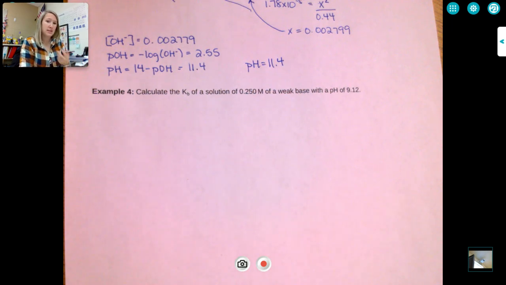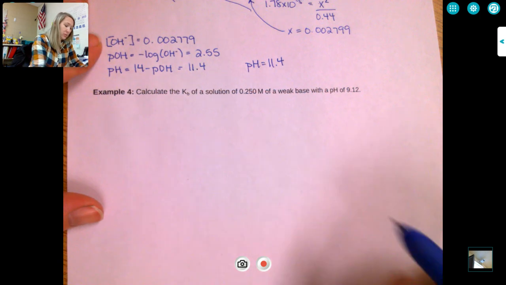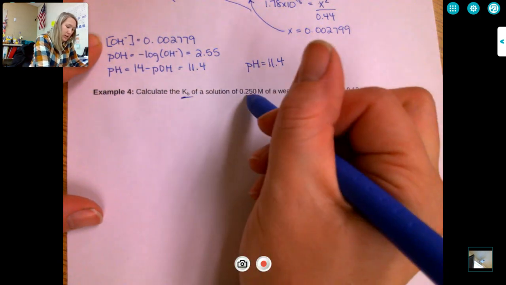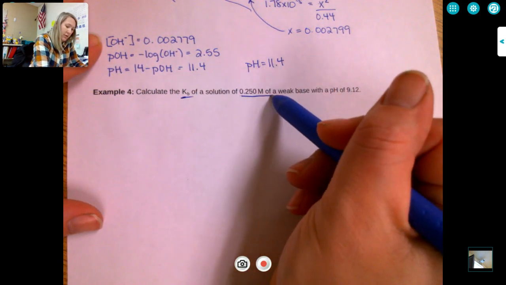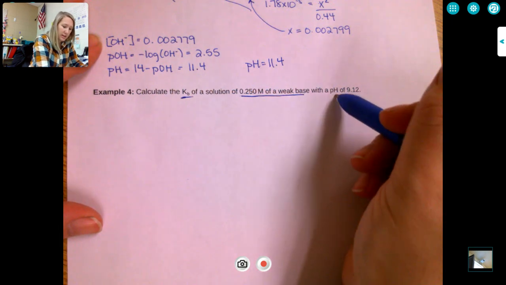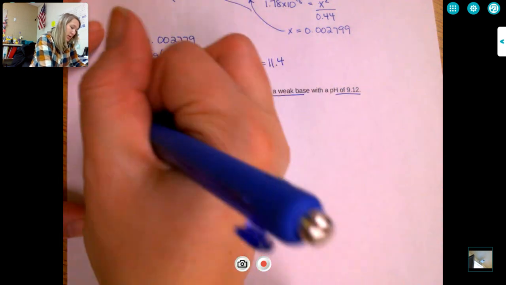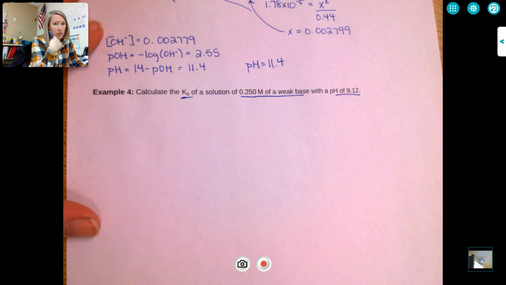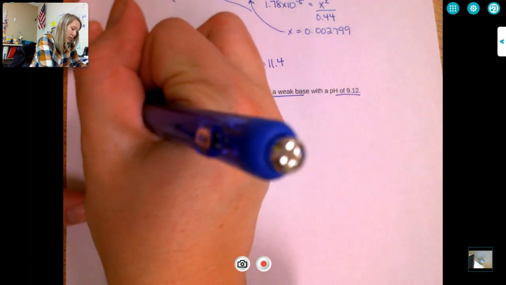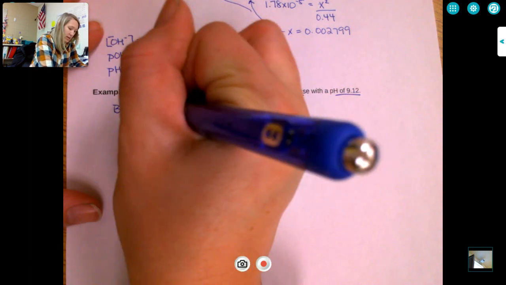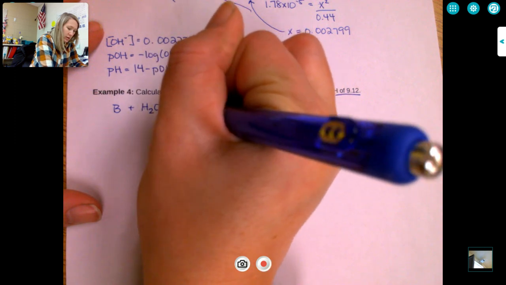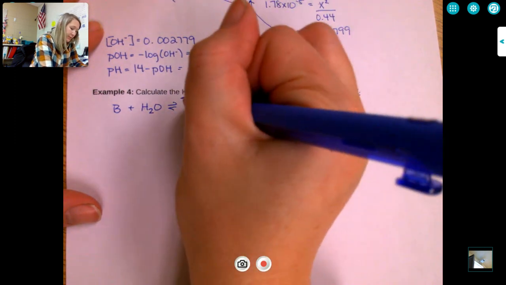So just like my example 2 for my acid, I want to calculate the Kb of a 0.25 molar solution of a generic weak base, given its pH. So first thing I do is write out my equilibrium reaction. So some sort of weak base, B, is dissolved in water. It's weak, so we have our double arrow.